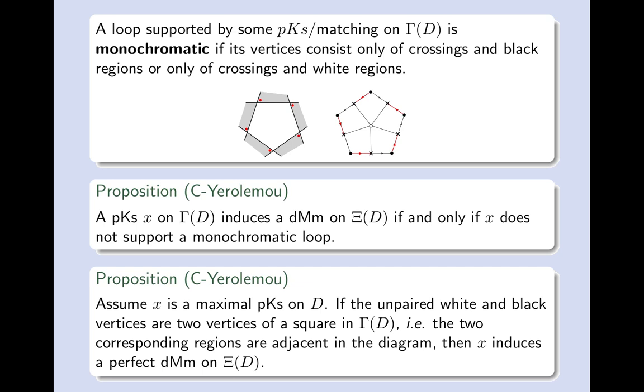So if we assume that X is a maximal partial Kauffman state on D, then if the two unpaired regions, or vertices, if you're looking at the Tait graph, are adjacent or opposite sides of a square, then X will induce a perfect discrete Morse matching on the two-sphere, on this Xi of T. So basically, all Kauffman states, meaning determined by a marked projection, give us discrete Morse matchings on the nodes.